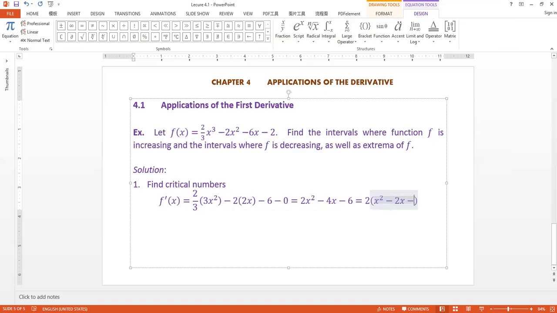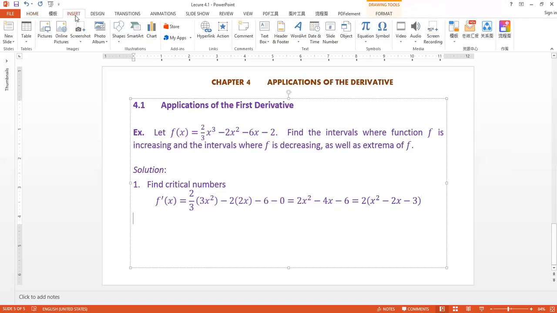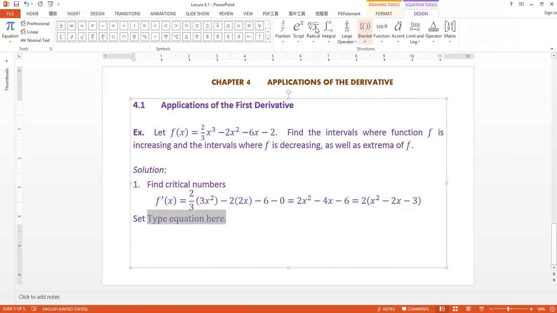And then we just set f prime equal to 0 to find the critical numbers. Okay, so let's set f prime equal to 0.